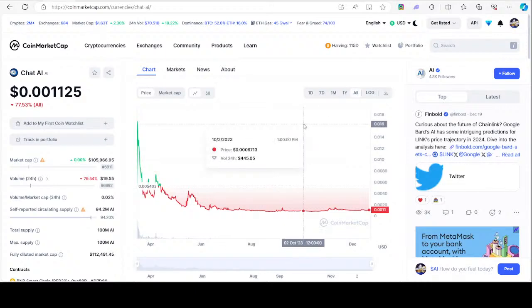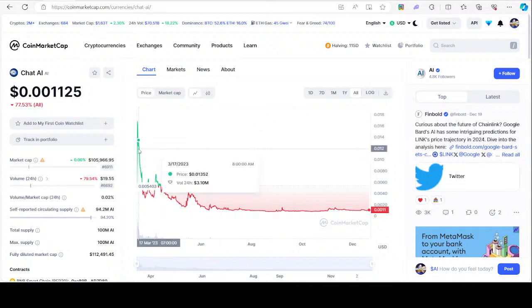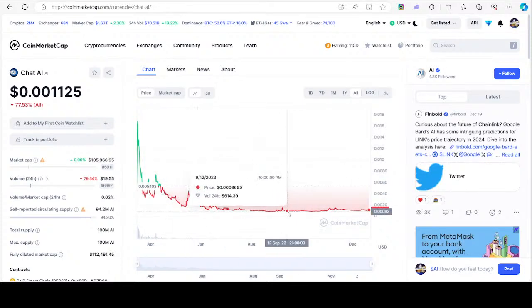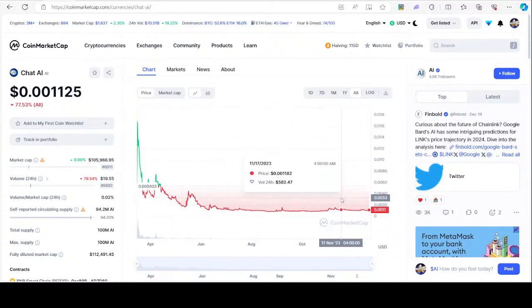Joey, you there, bro? Joey Brown popped on, and Joey was looking at this. I'm looking at Chat AI. I pulled it up. This popped out in March this year. Took a big dump, bounced, which was interesting, bounced again, and then settled down. It looks like it's picking up a little bit of movement there.